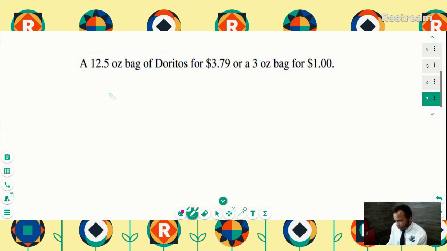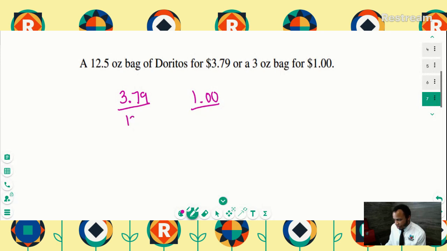So here we have $3.79, and we also have $1. Now, an easy way we can set this up is simply divide the money by the amount that you're going to get in the bag.